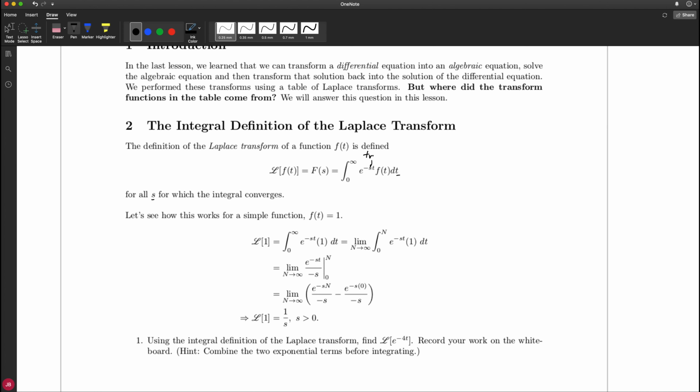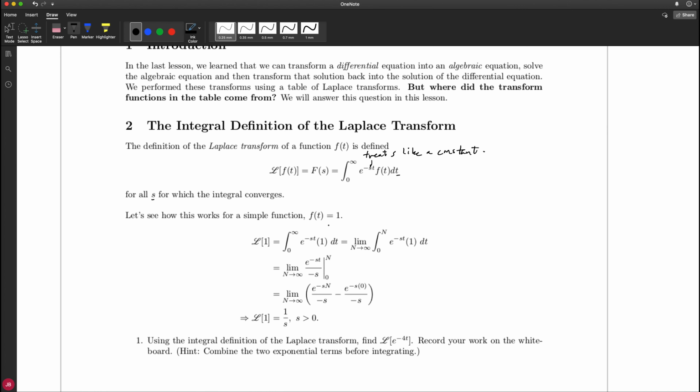So I'll put treat s like a constant, because the integral doesn't know that s is a variable, right? You're integrating with respect to t, so all the integral knows is that s is going to be treated like a constant.